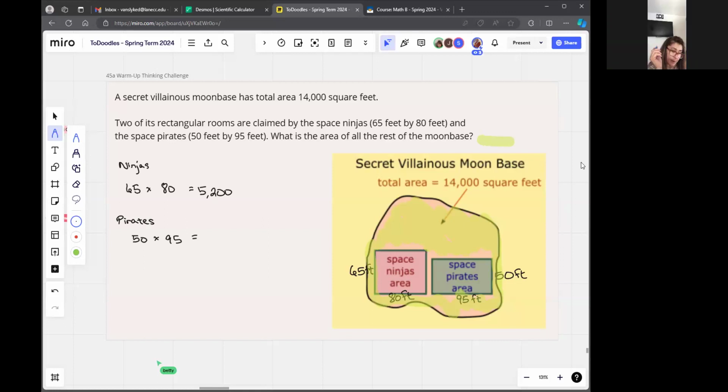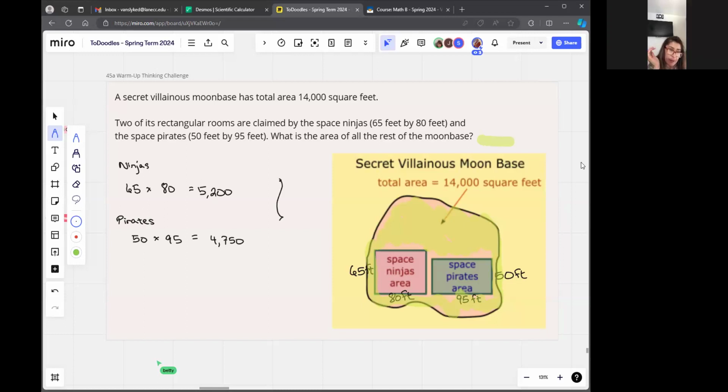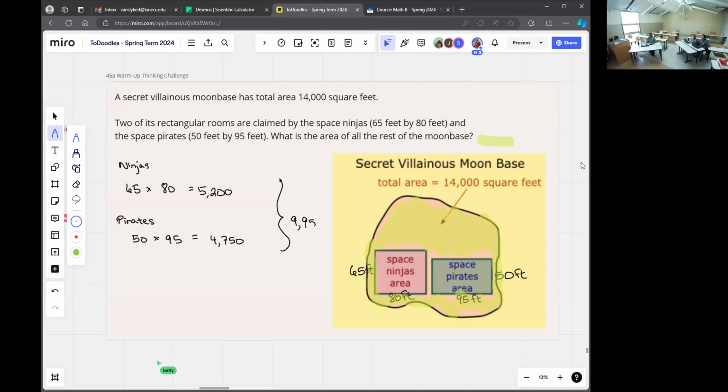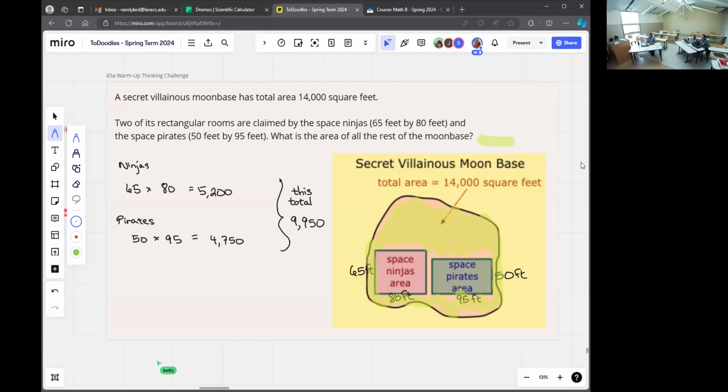Okay, and I got 4,750. Okay. I add the two totals and it gave me 9,950. And I take away that amount from the 14,000.